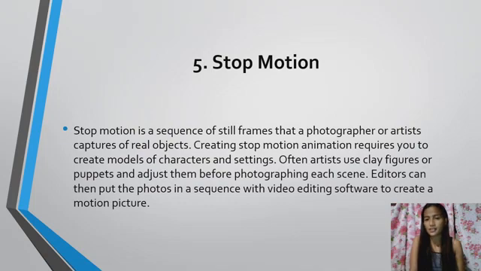Often artists use clay figures or puppets and adjust them before photographing each scene. So editors can then put the photos in a sequence with video editing software to create a motion picture.